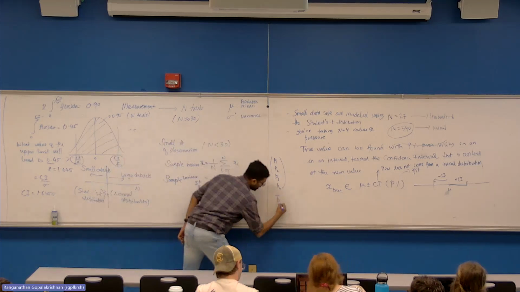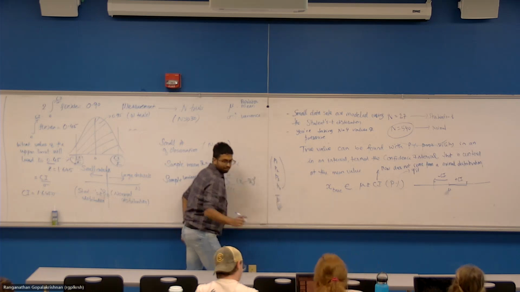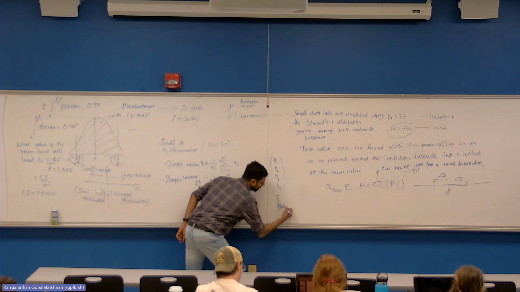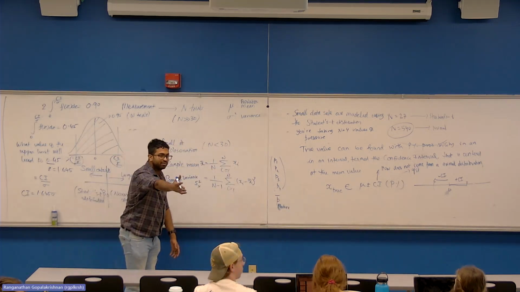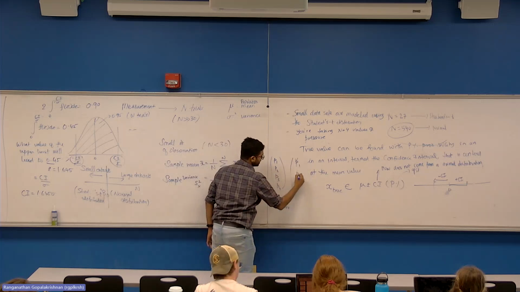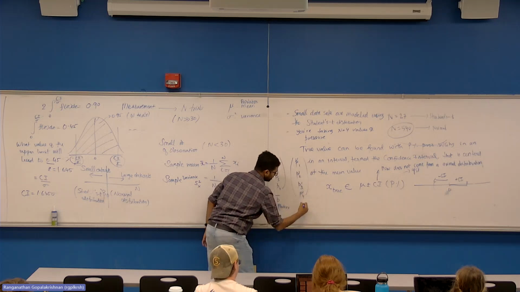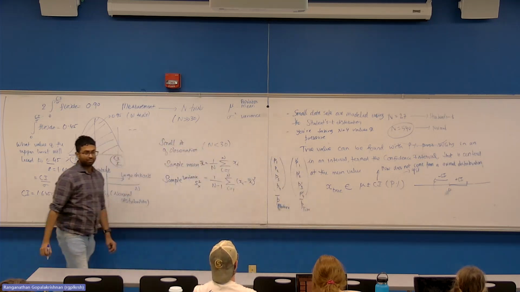I'll call it P Parker. It's the mean value that Parker got. What is your name? Tim. You also repeat the experiment. P1 dash, P2 dash, P3 dash, P4 dash, and you got a mean, we'll call it P from Tim.